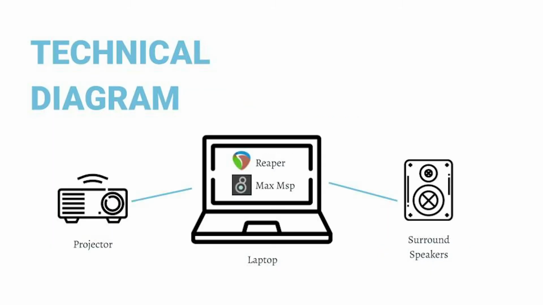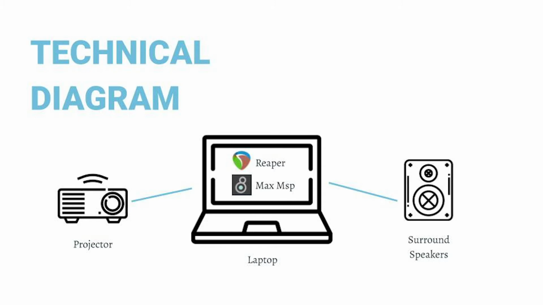So the technical setup of this project will be within a big room. And here's our technical diagram. You can see that we'll bring a laptop, which connects to the project that we have in Reaper, or we can export it into Max MSP to get the desired visual that we will show you later on.